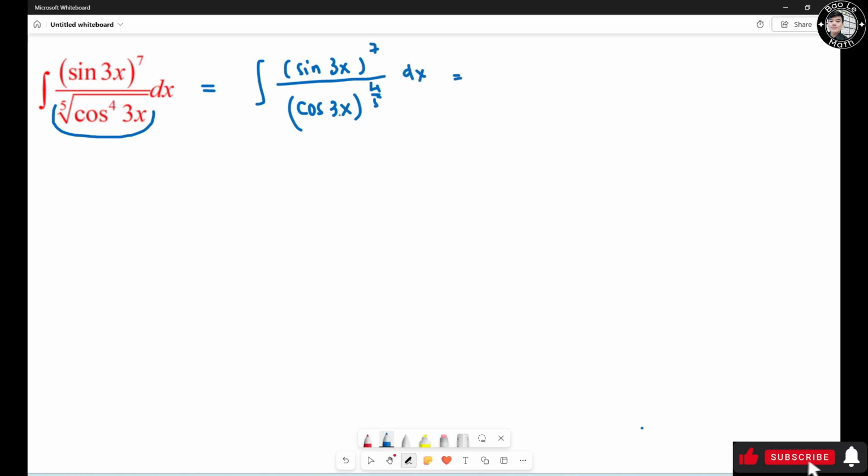Now I'm going to bring this one to the top, so it turns out to be cosine of 3s altogether raised to the negative 4 over 5, times, now sine of 3s to the 7, I can rewrite this one as sine of 3s to the 6 times sine of 3s ds, right?